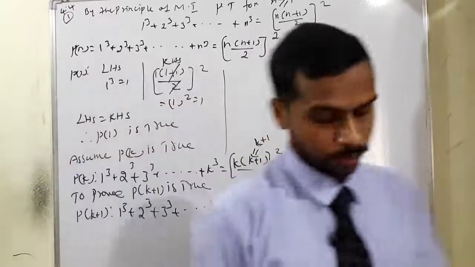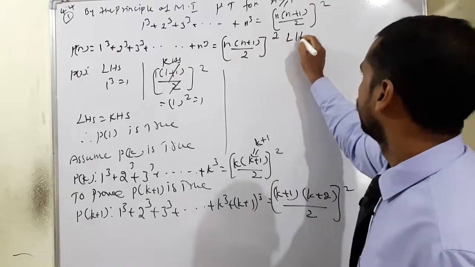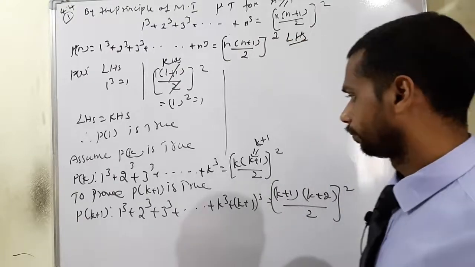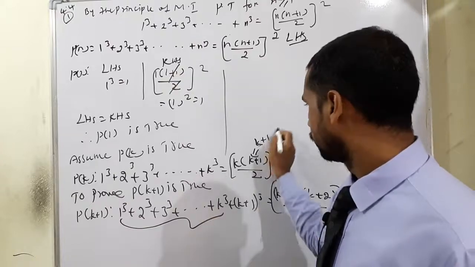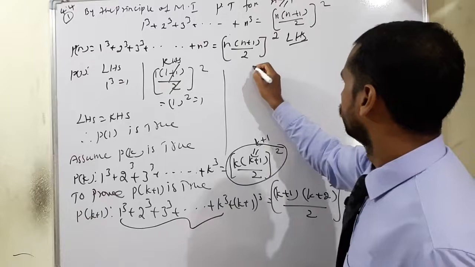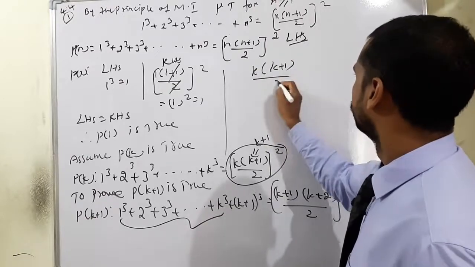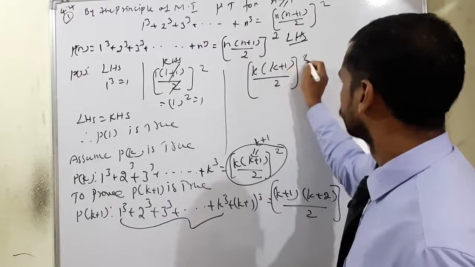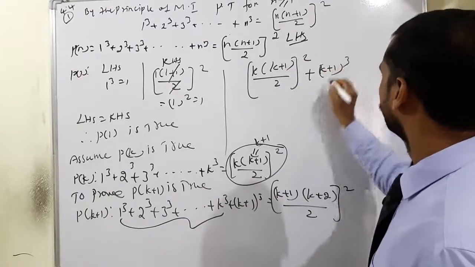Now take only the left hand side value. So LHS: instead of the first k terms up to k cube, the value is k into (k plus 1) by 2, the whole square, again plus (k plus 1) the whole cube.